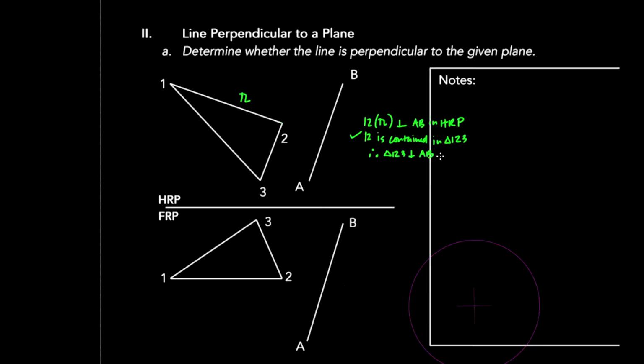So pwedeng ganito yung proof, no? Some teachers don't require na sinusulat tong second statement na to. From here, pwede na mag-jump diretso dito. So, pwede naman yun. You can do that. Pero this statement by statement na proof is just clear in my opinion. No?